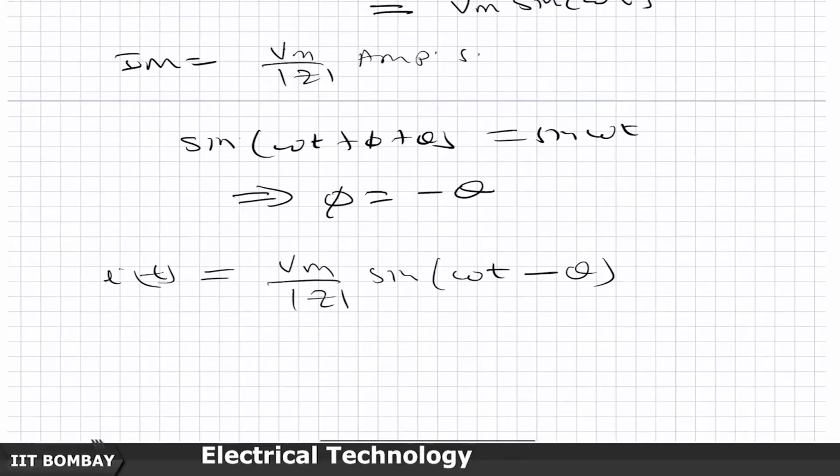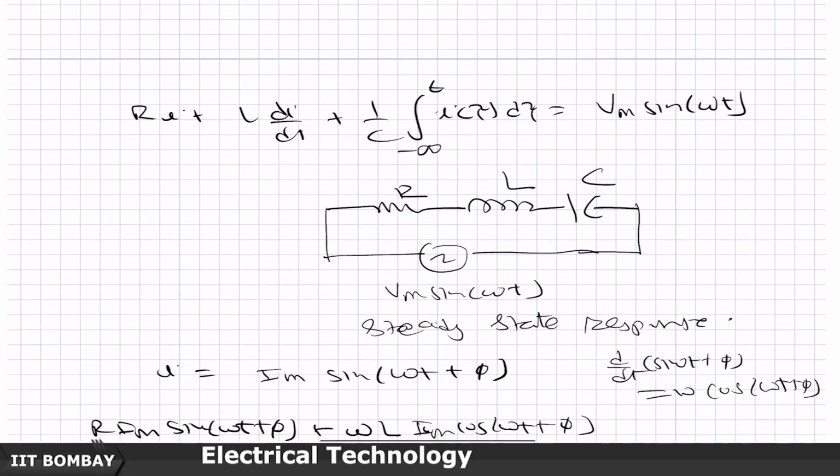The only thing that I have to do is, given a series RLC circuit like this, I just need to calculate its net impedance, and the magnitude of the net impedance is the square root of R square plus omega L minus 1 by omega C whole square.